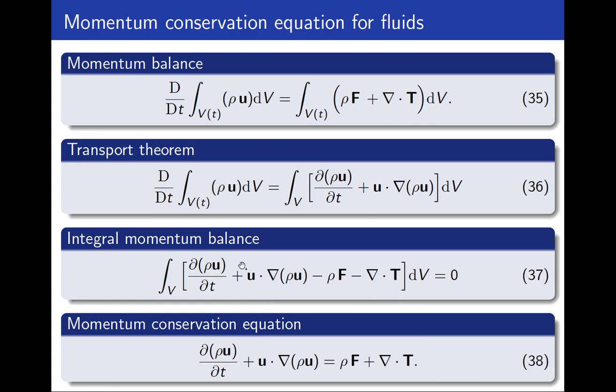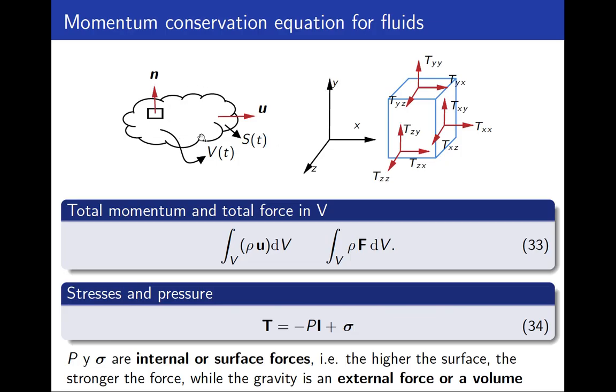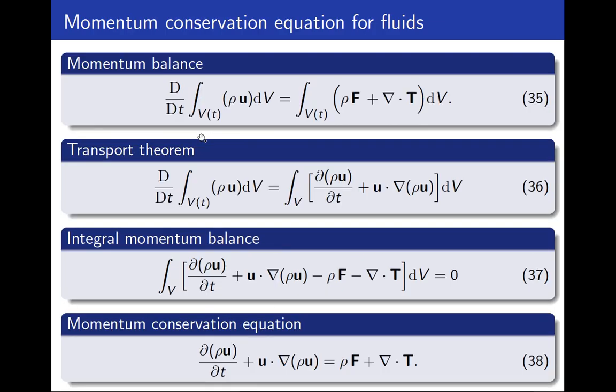So we will get something like this. So this integral momentum balance, this total volume integral of this integrand, has to be equal to 0. But the only way that this equation becomes 0 is if the integrand is 0. The volume cannot be 0 because we are considering that it has a finite volume.